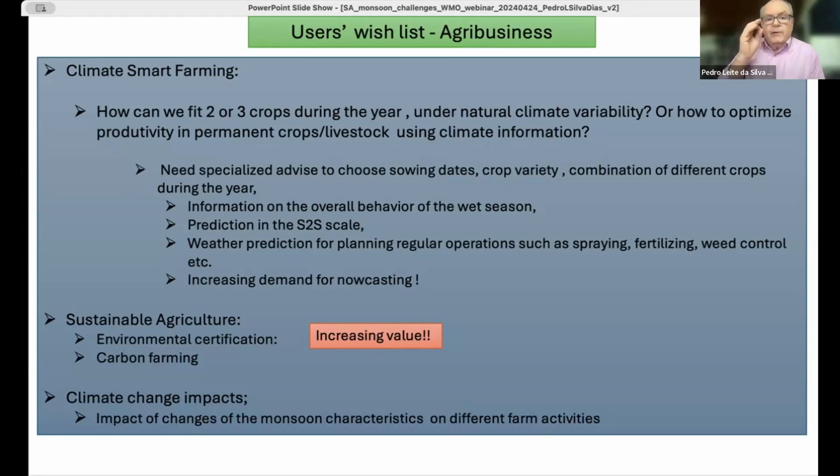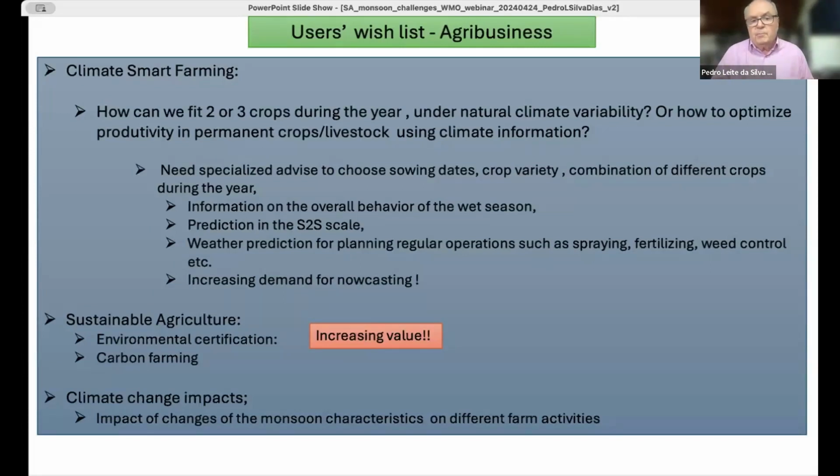You see, there are very specific needs concerning the dates for sowing, identifying what kind of crop variety you're going to use depending on what you expect for the beginning of the monsoon, or the combination of different crops during the annual cycle. So it's crucial to have information of the overall behavior of the wet season. And in the last 5-6 years or so, there is an incredible increase in the demand for the subseasonal to seasonal scale prediction.